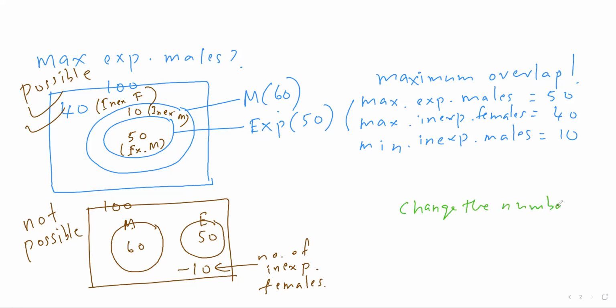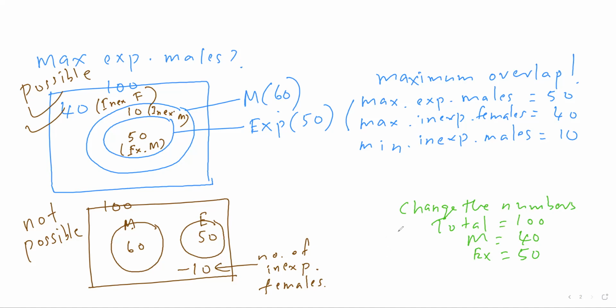Now, let's say the total is still 100, whereas the males are 50. Previously it was 60, now the males are 40. And the experience is 50, again, the same number.